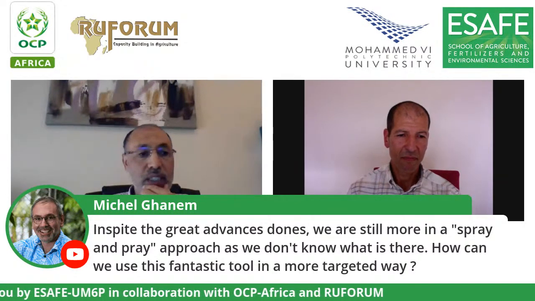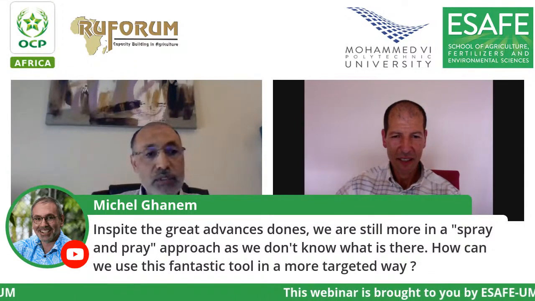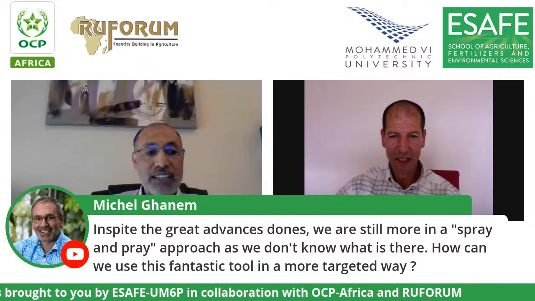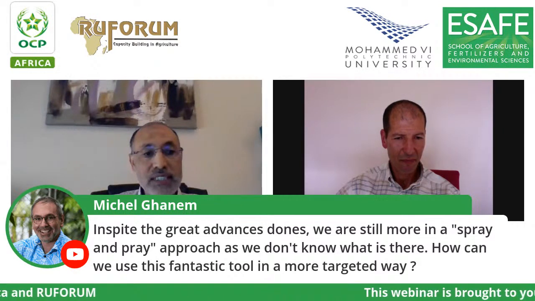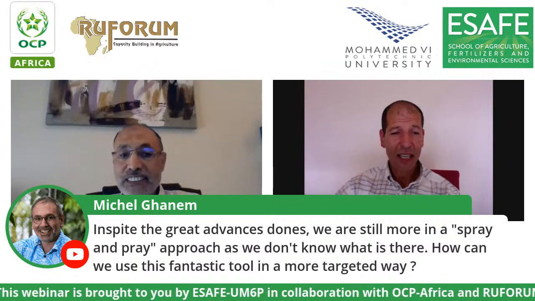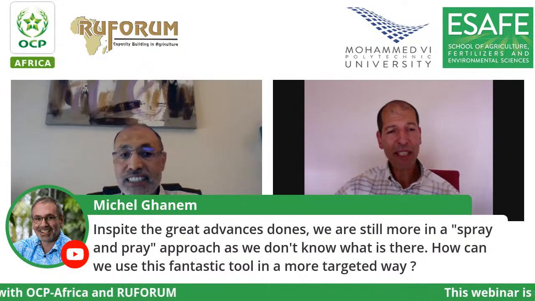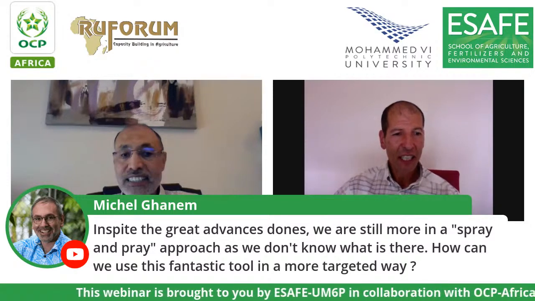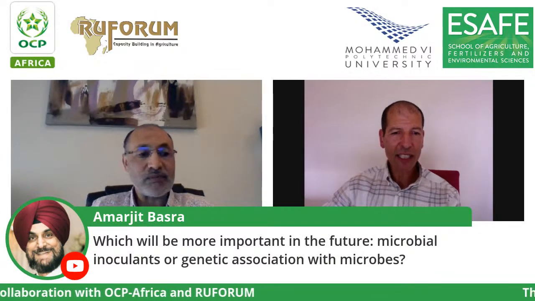Yes, we have a question, Mohammed, from Michel Ghanem. Despite the great advances done, we are still more in a spray and pray approach as we don't know what is there. How can we use this fantastic tool in a more targeted way? Well, actually, we know quite a lot. With these technologies, we can sequence the complete metagenomes and know exactly what is there, and we can even discover new species, new microbes that have never been isolated or sequenced.